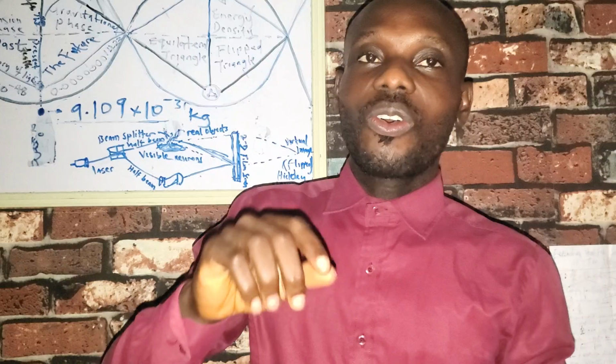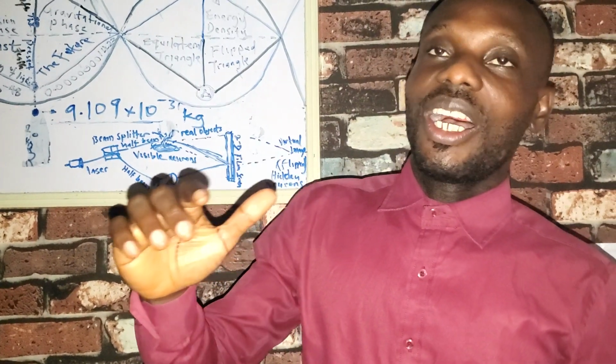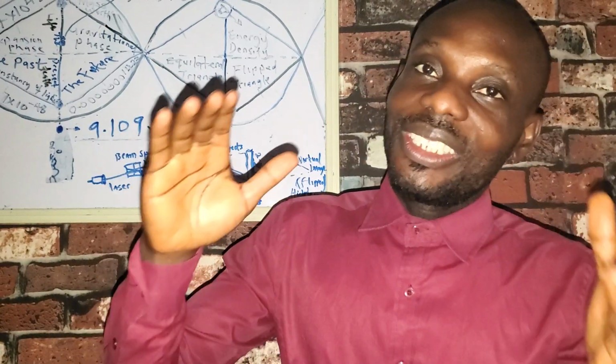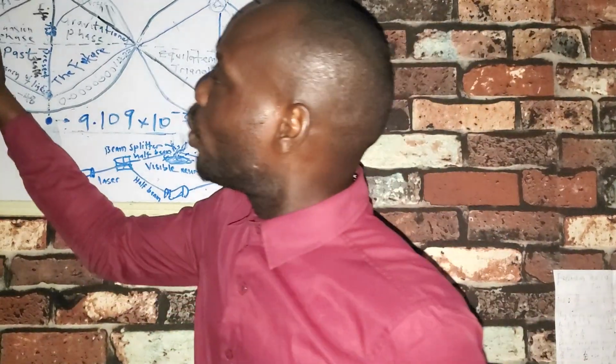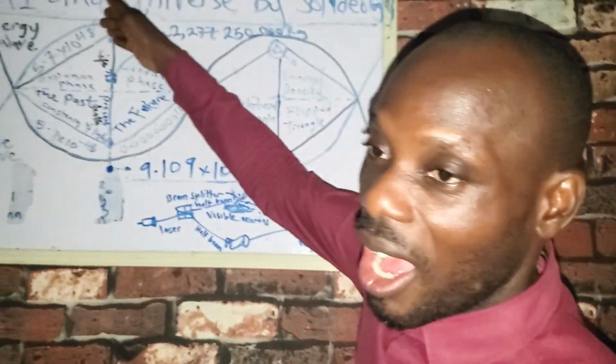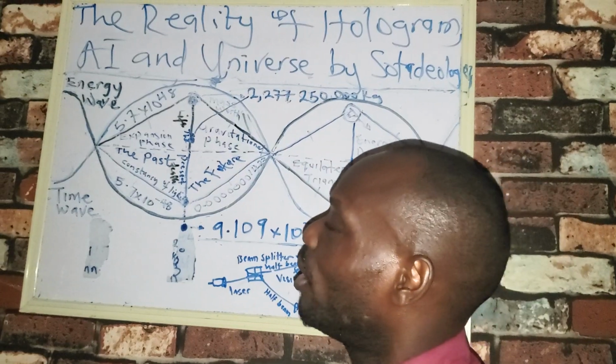So the net was configured in such a way that we have neurons. So basically, we need to have 2 types of neurons to allow AI to learn. And the 2 types of neurons that we have will actually model what we have in time energy wave model.